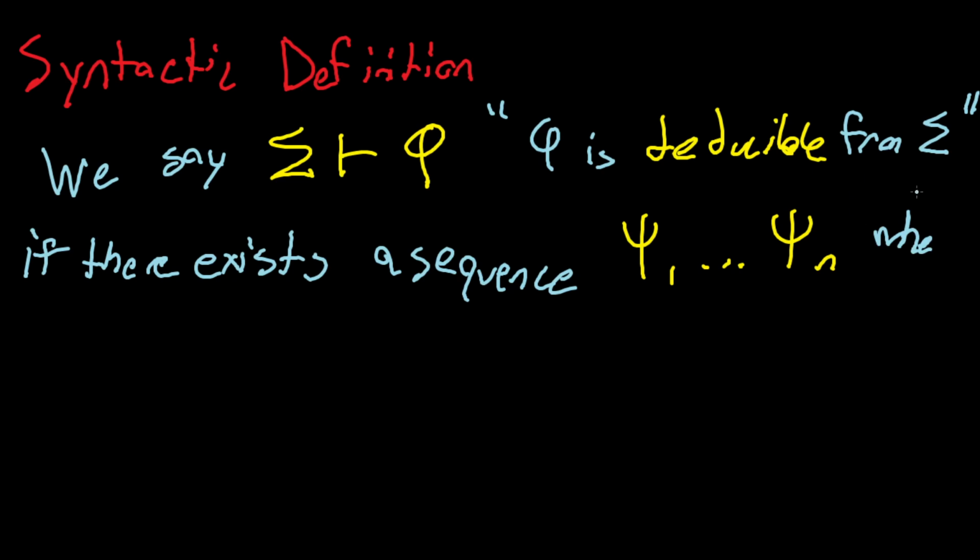So where, and then here's a few properties I wish the sequence to have. Well, for one, the proof should actually prove what I want. So the last statement in the sequence, the last line of the proof, better be the thing I'm trying to prove. Okay, that's one thing.